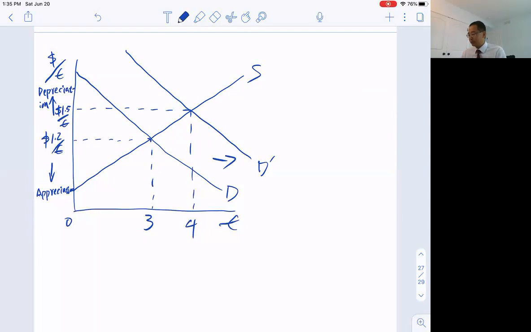And so we benefit as consumers, but that endangers our exporting firms, right? Because when they sell to other countries, an appreciating dollar means even if their dollar price doesn't change for their products, the foreign price for their products will increase, and so they'll face a decreased quantity demanded.